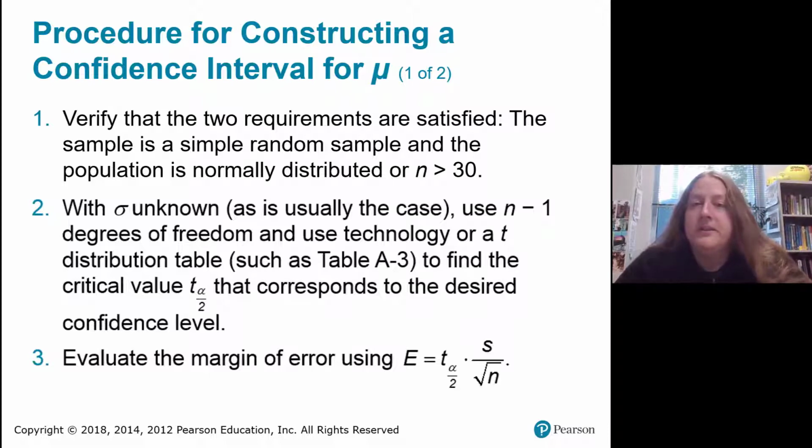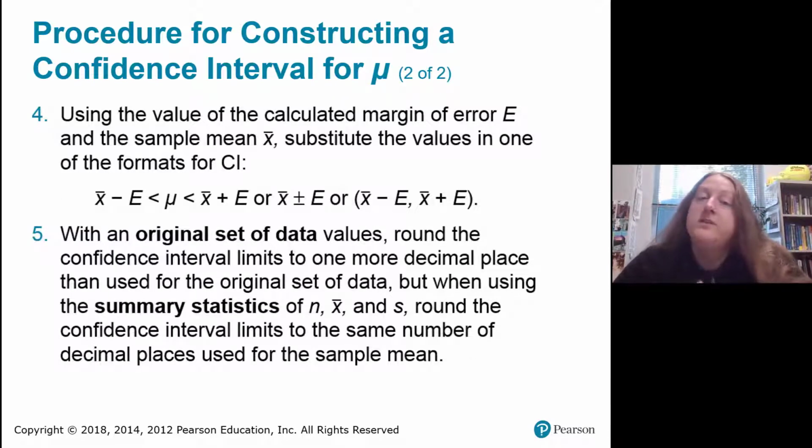So first thing we need to do is evaluate the margin of error using E equals t sub alpha divided by 2 times our sample standard deviation divided by the square root of n. And once we've found that, then we'll do the same thing we did with our population proportion.